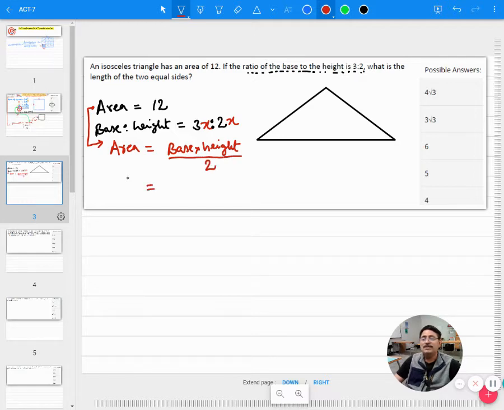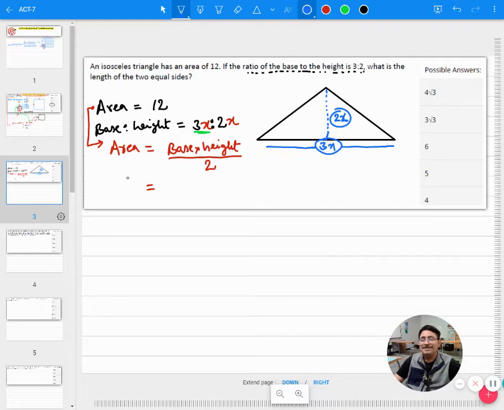Therefore, what is base? Please notice that here base we thought as 3x. Let me label the diagram. This one is 3x and height is 2x.